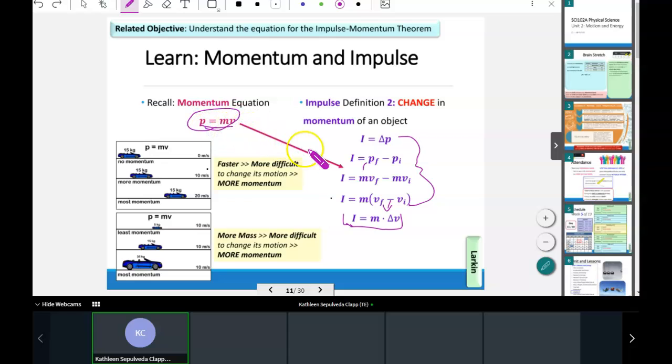So I'm going to take this equation and break it down. This is going to be my first momentum, mass times my final velocity, minus my second momentum, which is mass times my initial velocity. I take out the m because it's a common variable, and then I just say m times final velocity minus initial velocity, and this is where I end up.